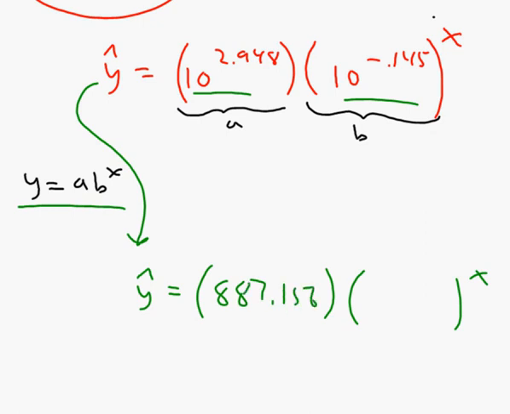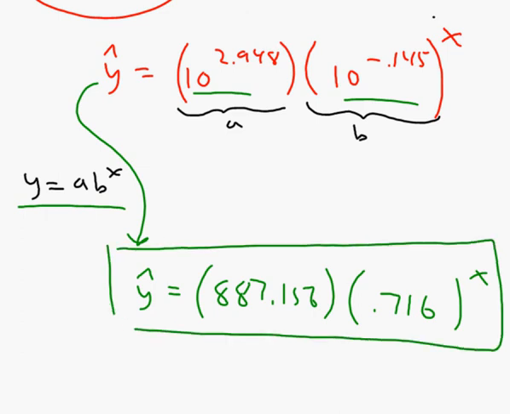And then 10 to the negative 0.145 equals 0.716. And what you notice is that it's exactly an exponential equation. Okay? Now, notice the variables here are y and x. So this means that this is a really good model for our original data.